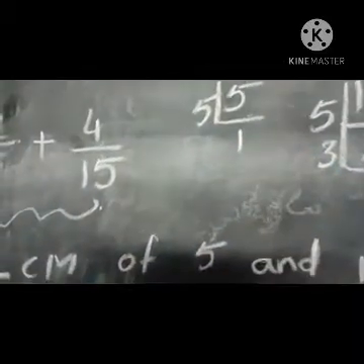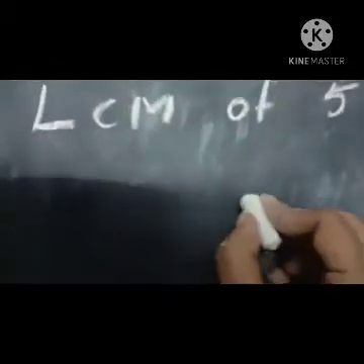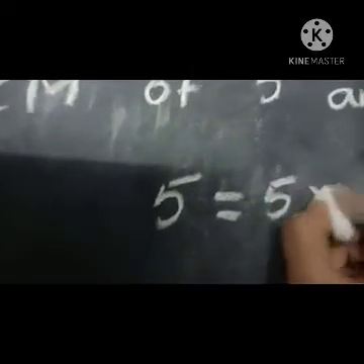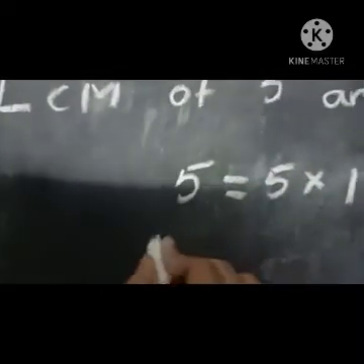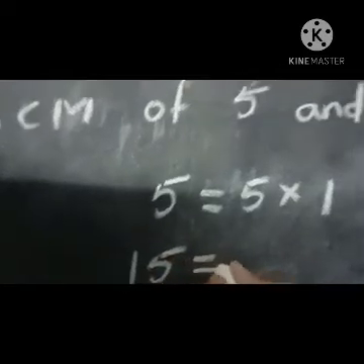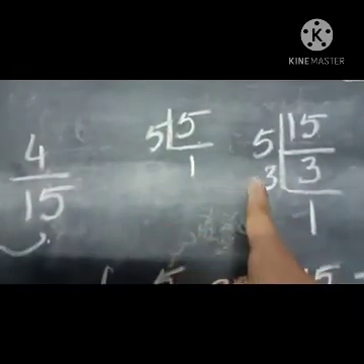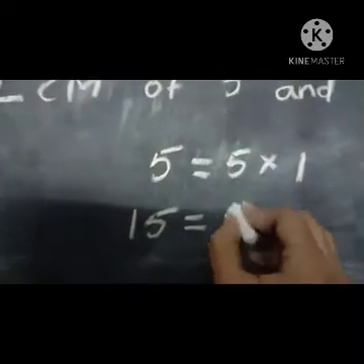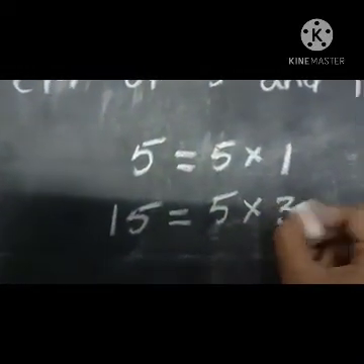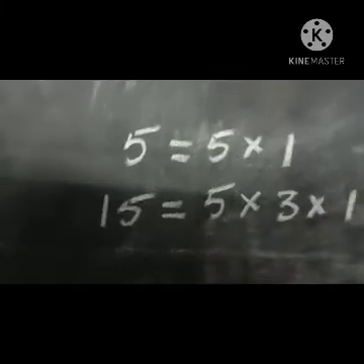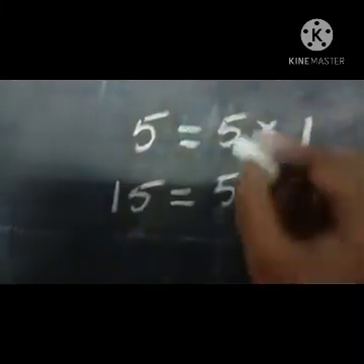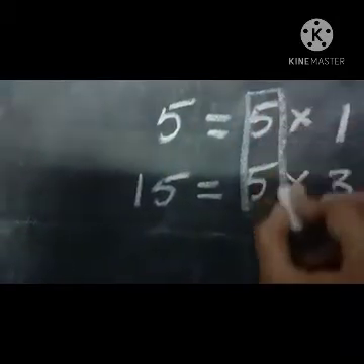See, 5 equals 5 into 1. Next, 15 equals 5 into 3 into 1. Here, see children, which numbers are common? The 5 is the common number.